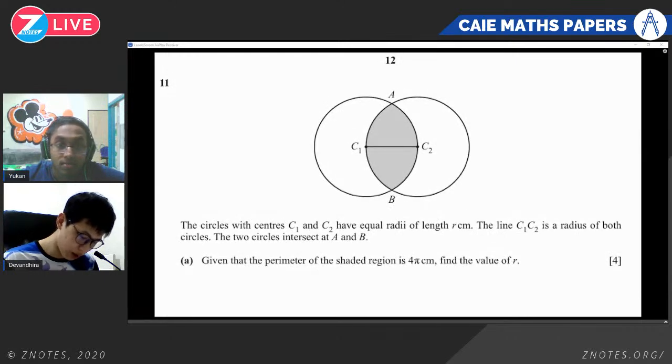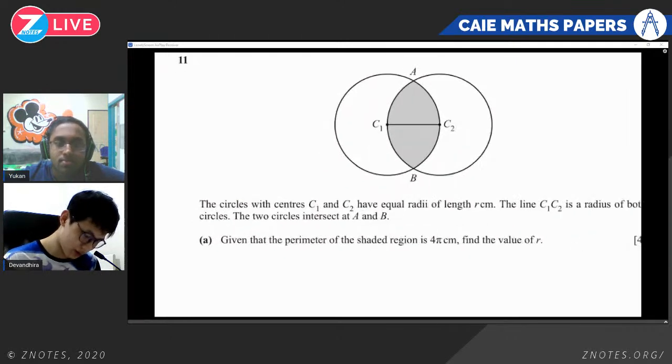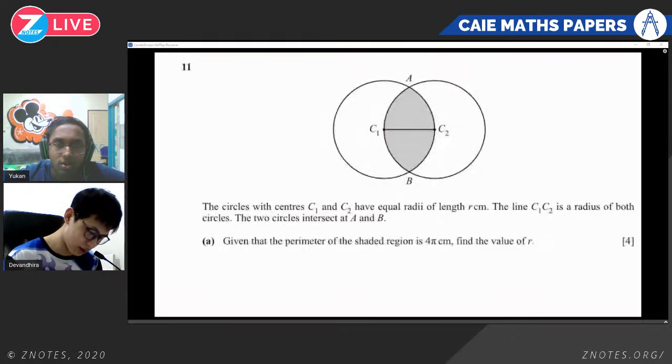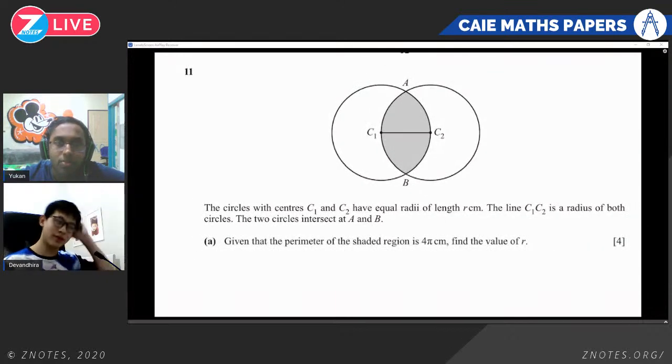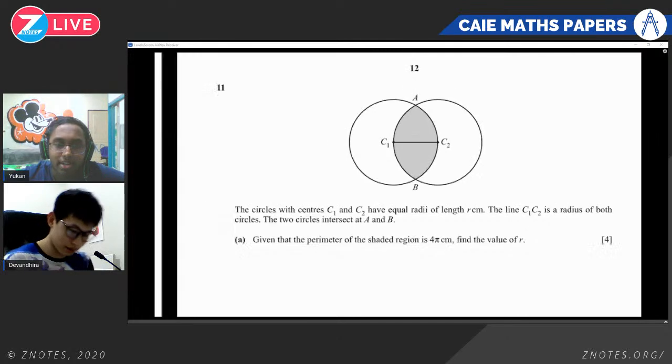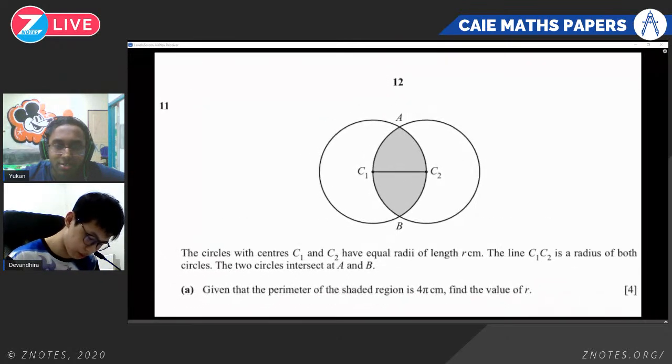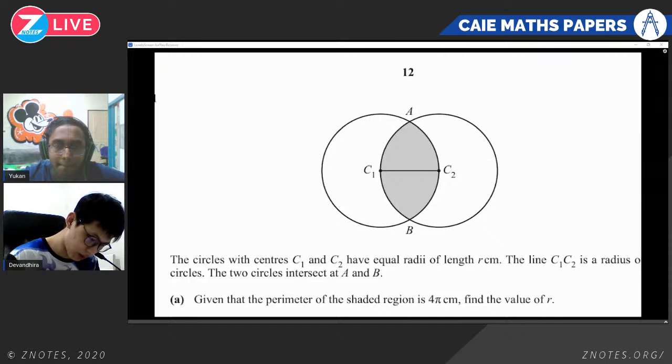So let's stop and think. The perimeter of the shaded region, this one right here, is just 4 pi. Because they're symmetric, this half part is just 2 pi, correct? And how do we find r? We can start by drawing a line between A and B to separate it into two parts.